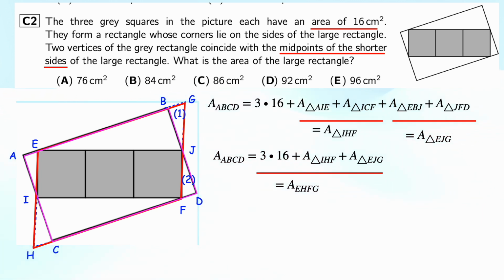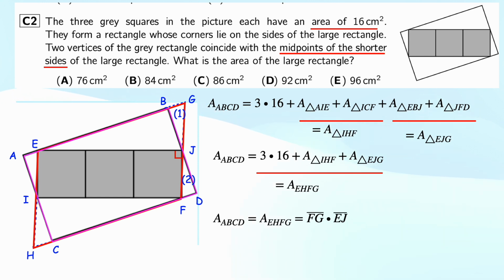So how can we get the area of EHFG? Because there are squares, EJ is a height of EHFG. So the area of EGHF is FG times EJ. Did you see that? FG times EJ.